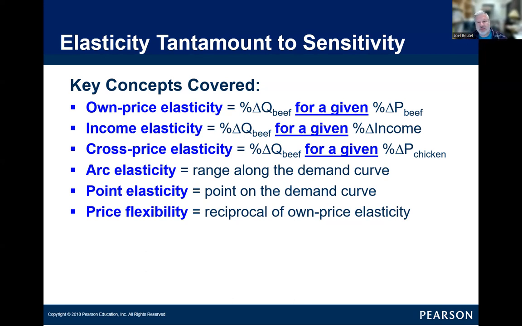Income elasticity, we're going to look at the change in the quantity of beef consumed for a given change in your income. So the wealthier you are, do you consume more beef or do you consume less, right? Really could be either way. Cross price elasticities, here we're looking at shifts in the curve. So the prior two, we're looking at how steep the curve is. Here we're going to look at a shift. So we're looking at whether goods are substitutes for each other.